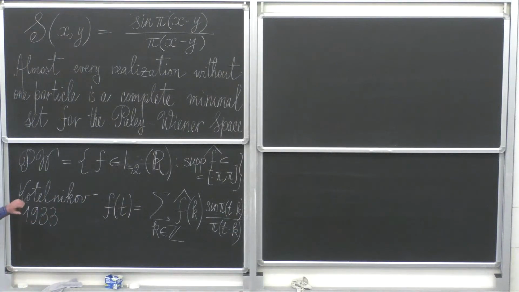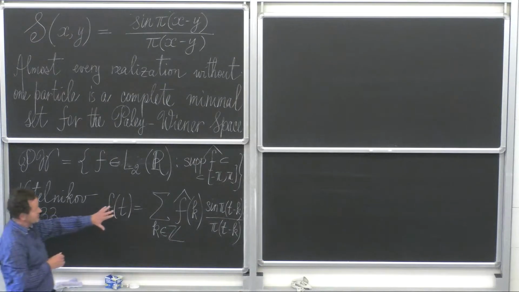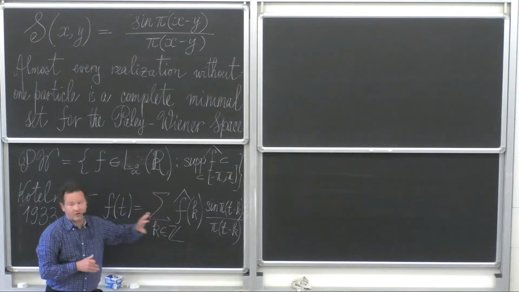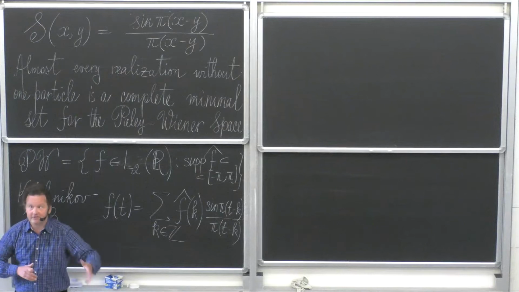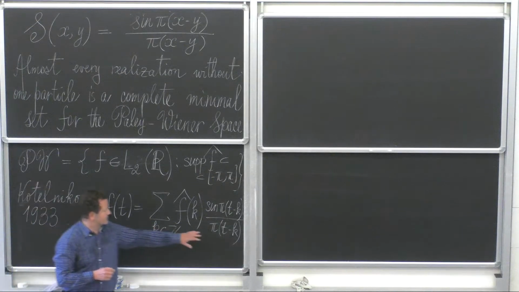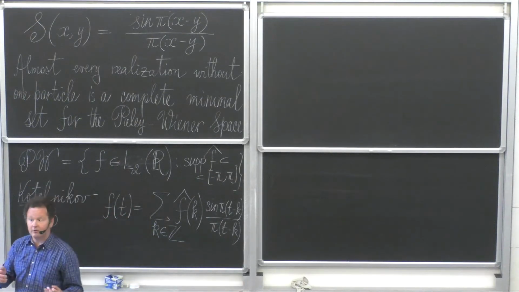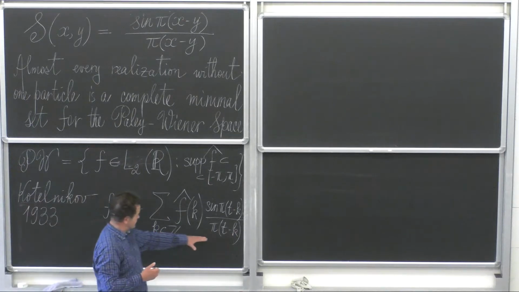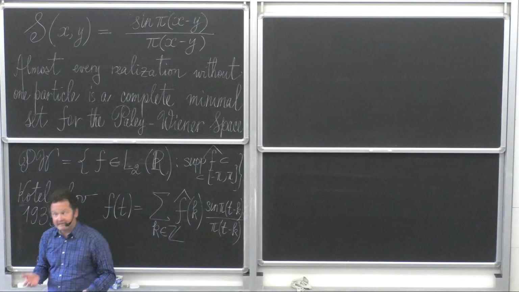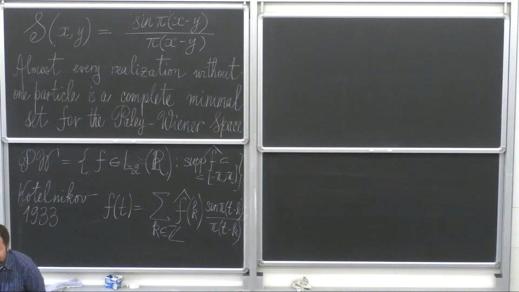The Kotelnikov theorem is proved just by taking the Fourier transform f hat and representing it as a Fourier series and then writing the inverse Fourier transform. So in fact, this is an orthogonal decomposition. This is a series whose terms are orthogonal in L2. In fact, this is an orthonormal basis in the Paley-Wiener space. This is not the situation that we will have in our context.